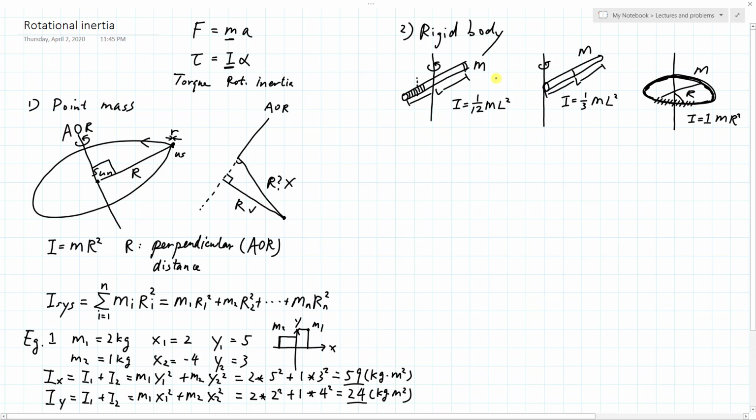Unlike these shapes, where all the other pieces have different distances to the axis of rotation, this should be easy. Everything is the same distance. We'll have that distance and total mass, so MR squared. It's just like you have a point mass held at radius r away from the axis of rotation with the total mass of the ring.